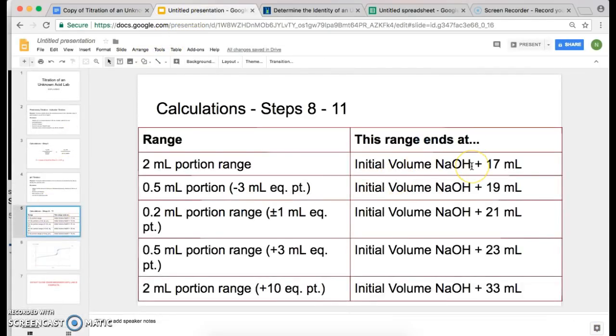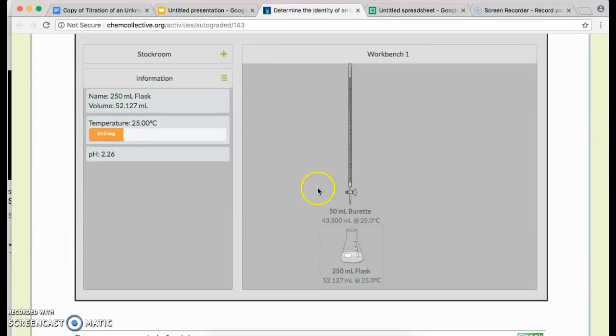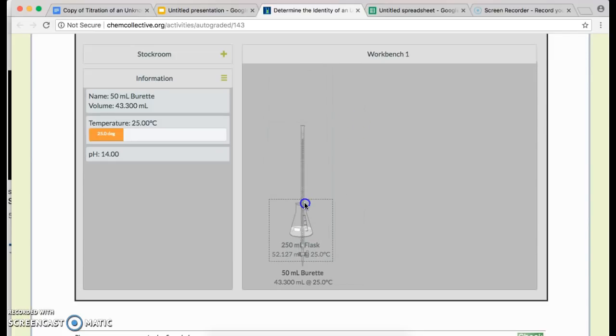I'm going to add like about 17 to that. So when I get to around 25, I'm going to stop. If I get to around 25, I'm going to stop adding 2 milliliter portions and bring it down to 0.5 milliliters. Okay, so initial volume plus 17, and that tells me where I'm going to stop adding my 2 milliliter portions. All right, going back to this, I can now start my experiment.